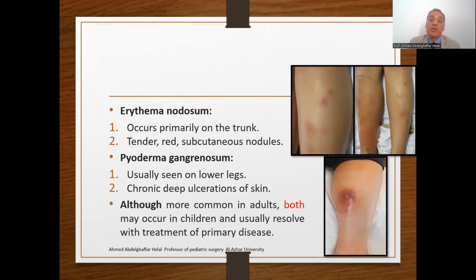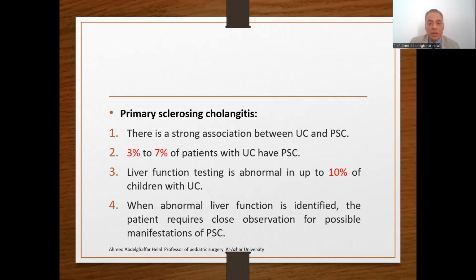There may also be skin manifestations, erythema nodosum like this, tender red subcutaneous nodules, or it may progress to what is called pyoderma gangrenosum, chronic deep ulceration of the skin. Although more common in adults, both may affect children and usually resolve with treatment of the primary disease.